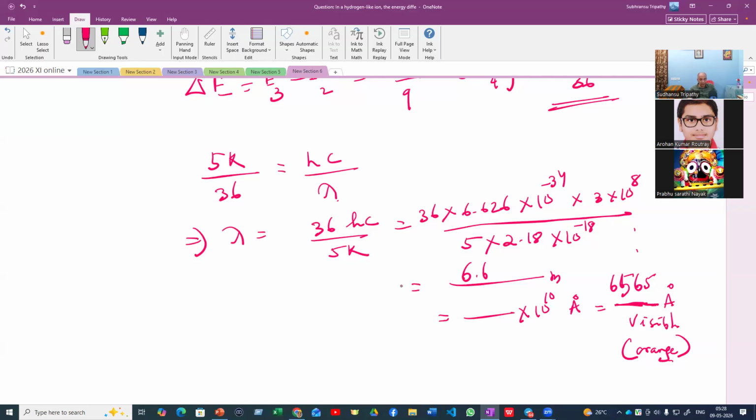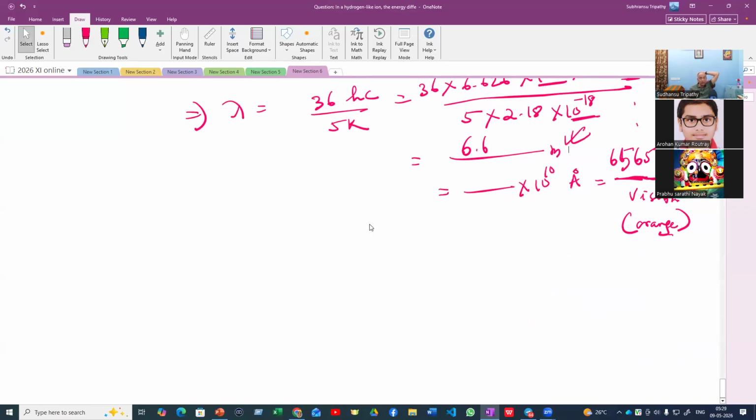Had it been centimeters, then 10 to the 8. If it were done in CGS, with 10 to the minus 27 and 10 to the minus 11, all in CGS, then you would have got the result in centimeters, then multiplied by 10 to the 8 to get into angstrom. But we are getting it in meters, so 10 to the 10.